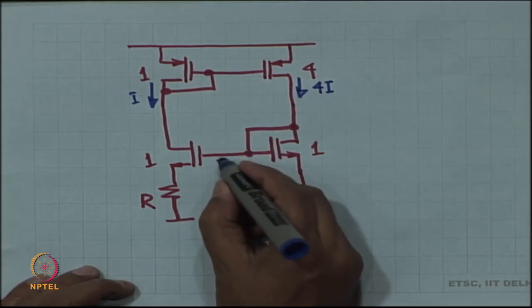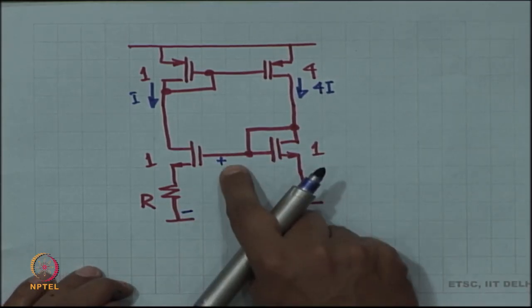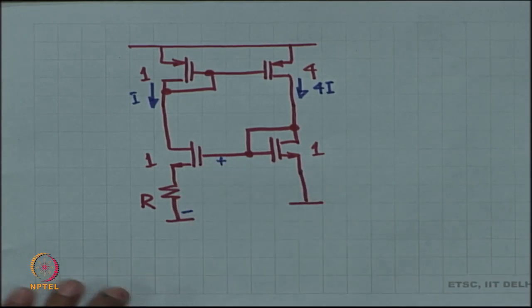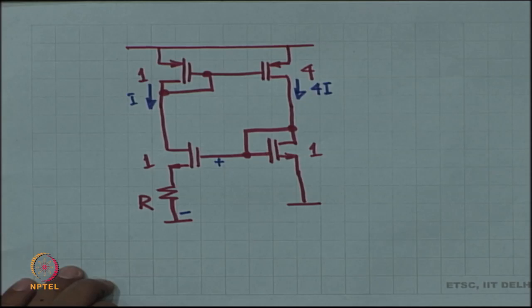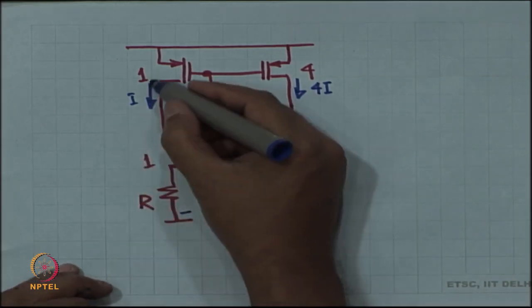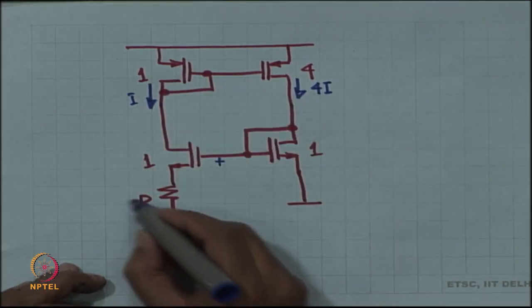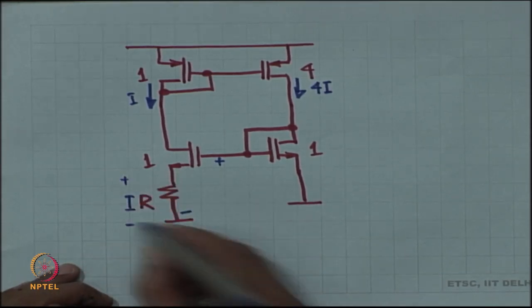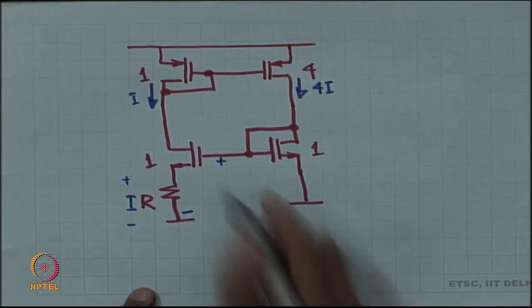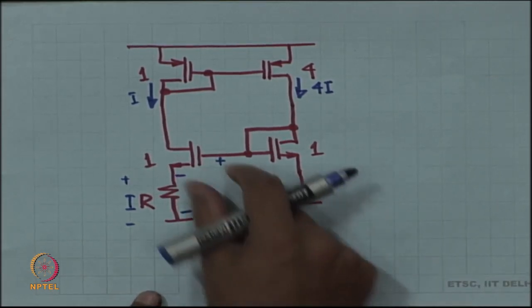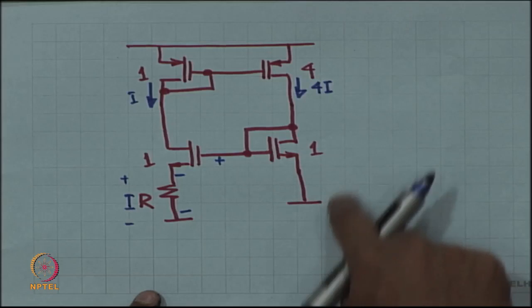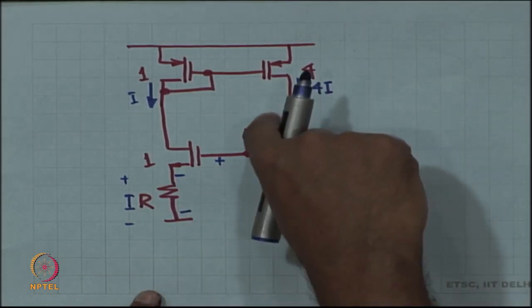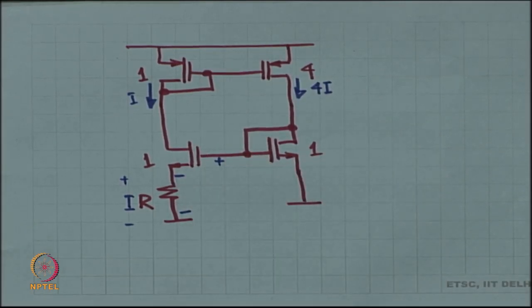Now, this is going to appear across the MOSFET as well as the resistor. So, I current is coming, the drop across the resistor is I times R. The drop across the MOSFET is going to be the requisite VGS for 4I minus I times R.